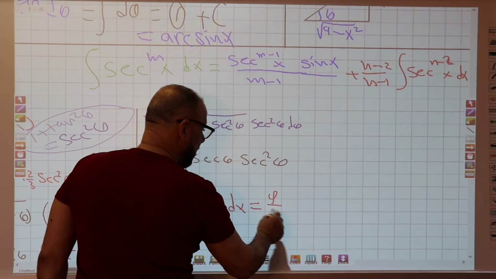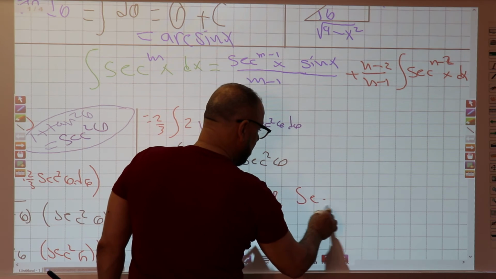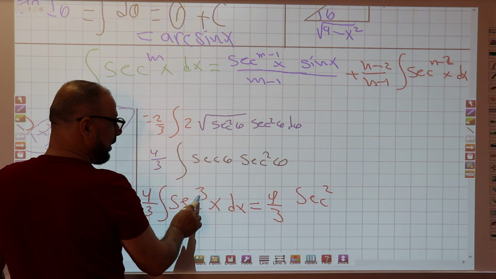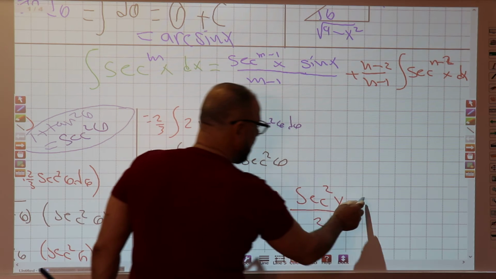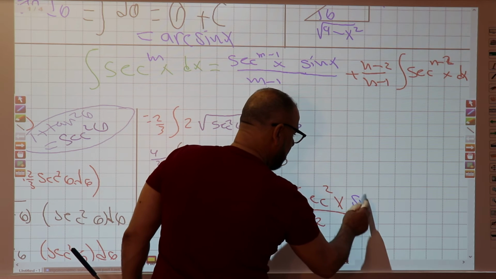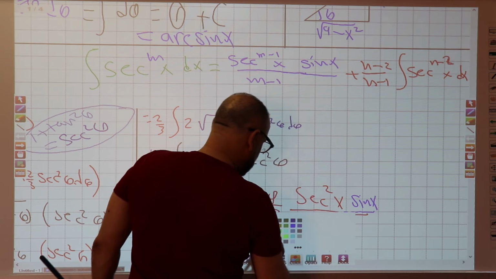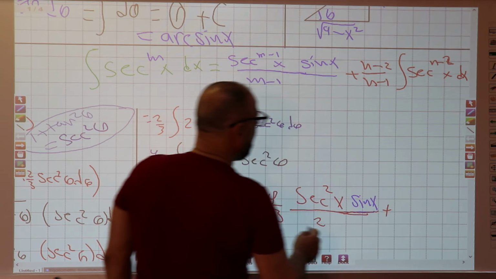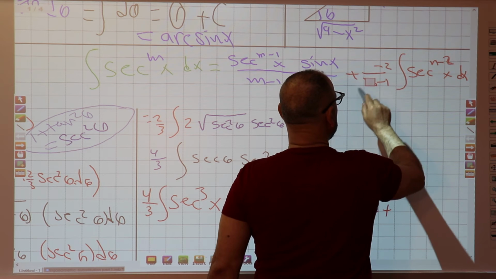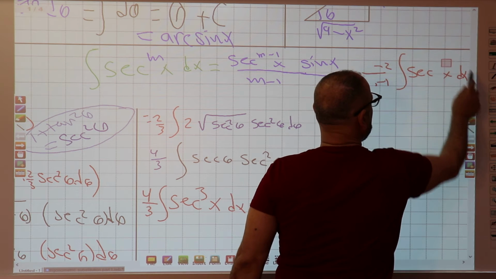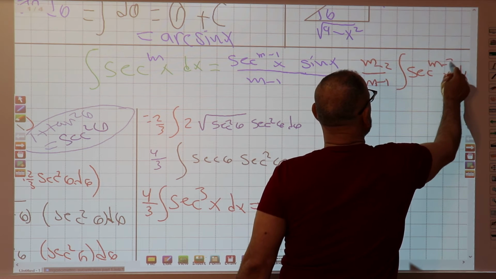This is 4/3, right? Then secant 3 becomes secant 3 minus 1, secant square x over 2, times sine x, plus m minus 2.